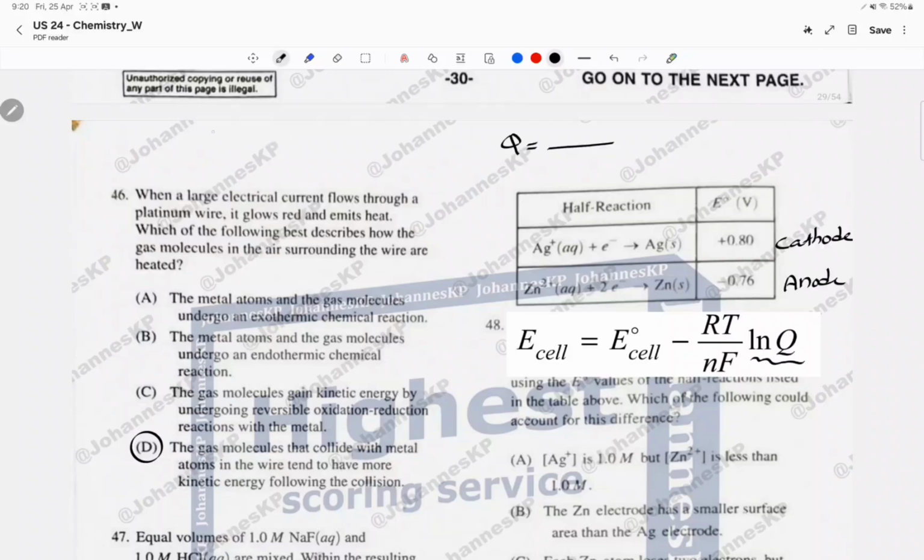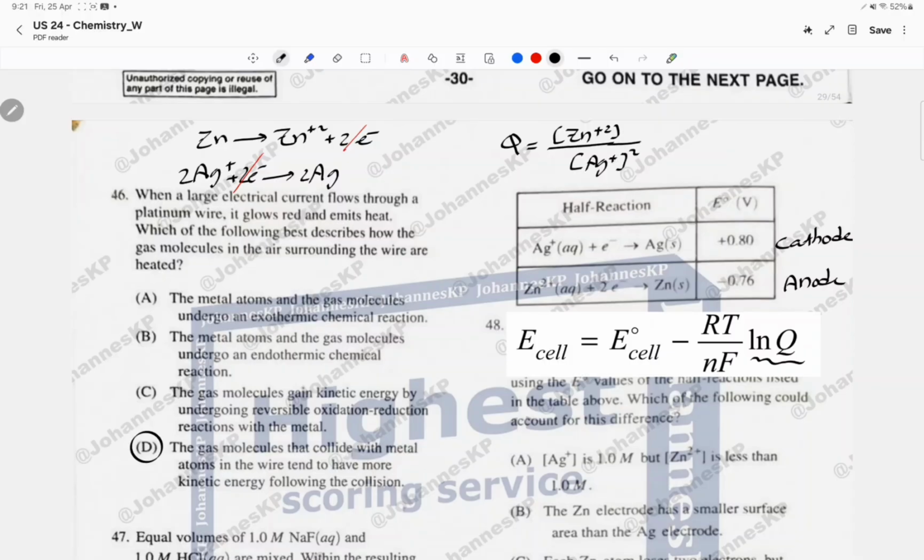So basically we're going to have zinc becoming zinc 2 plus with 2 electrons. Don't flip the cathode. Now multiply everything by 2. So we're going to cancel the electrons. So we're going to have products over the reactant to the power of 2.